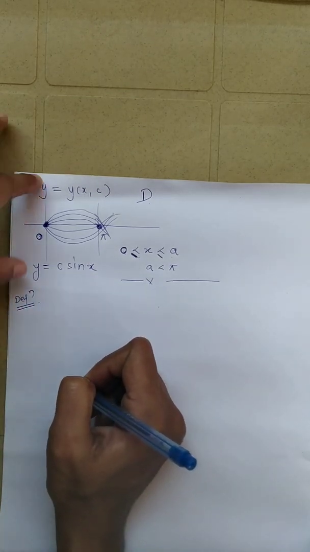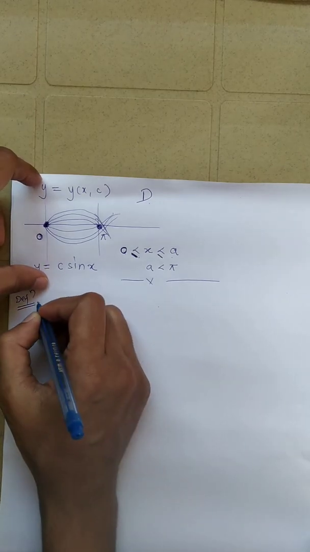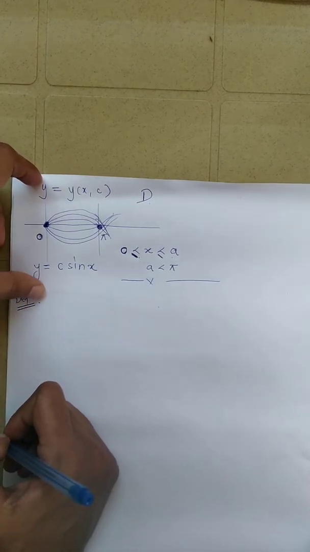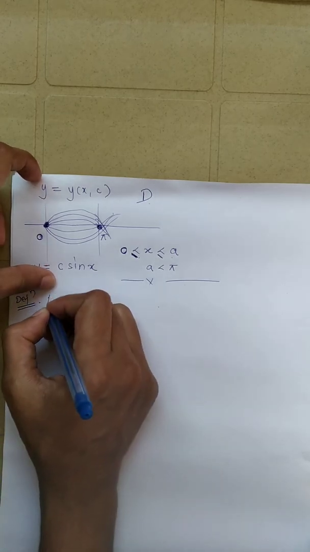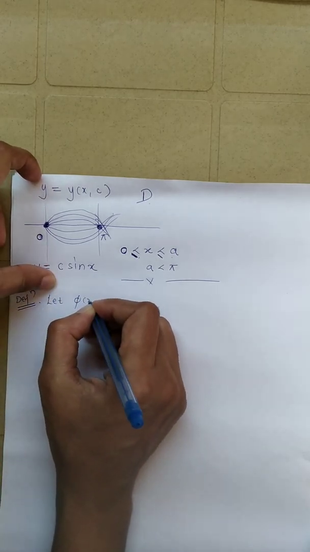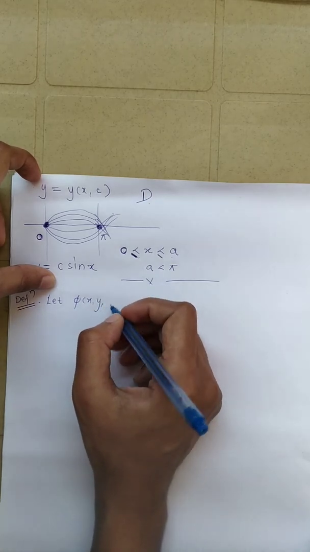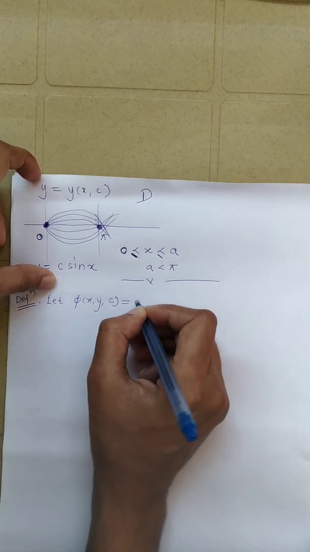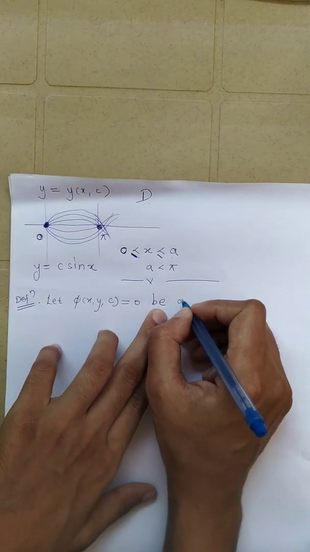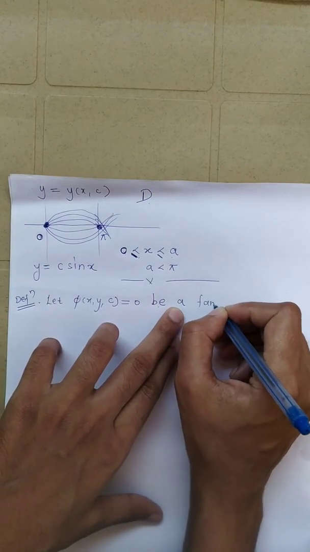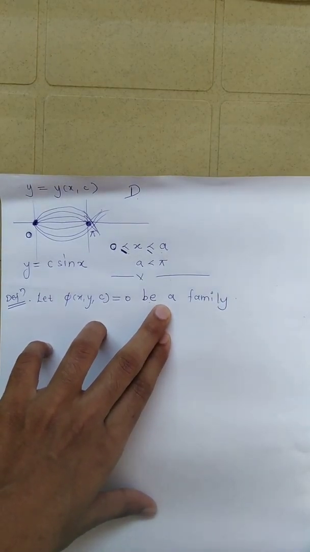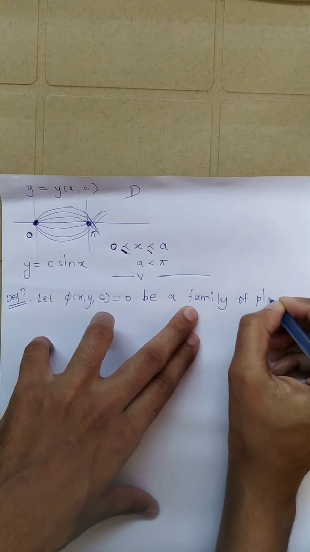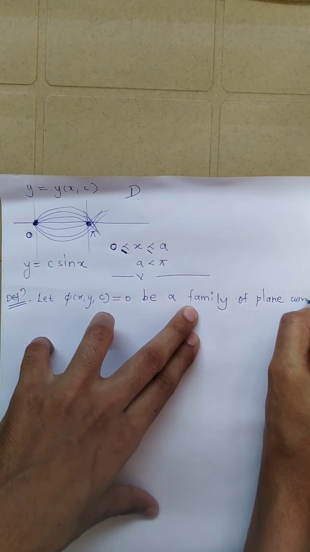Let us take the next definition. We will define something called the C discriminant. Let phi(x, y, c) equal to 0 be a family of plane curves.